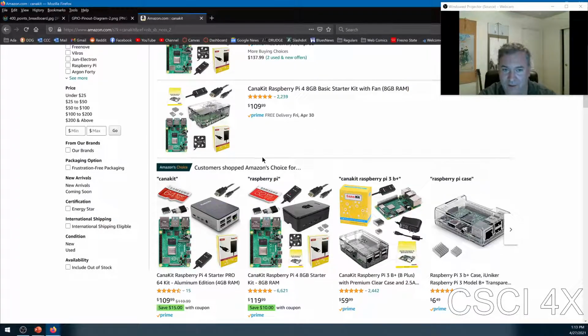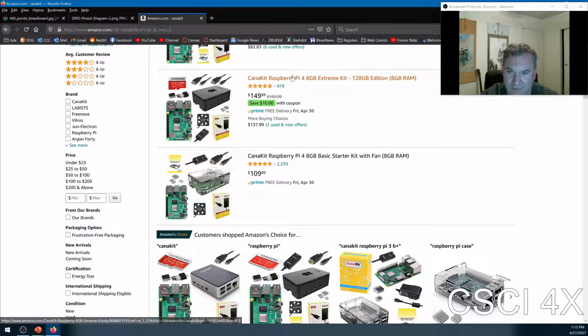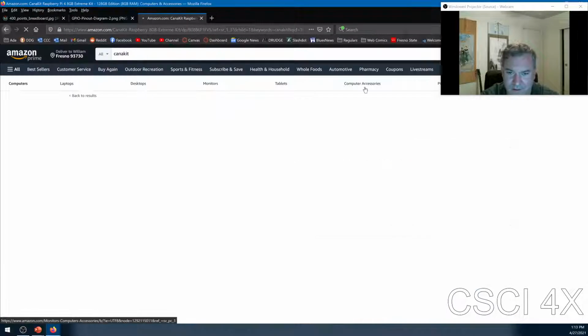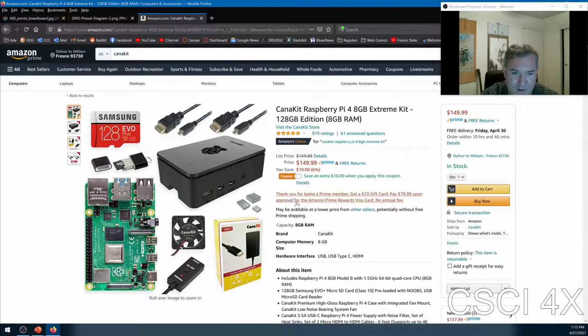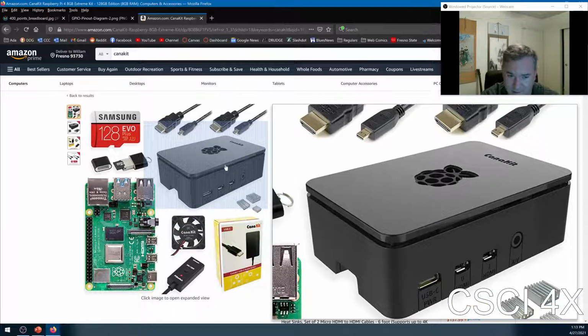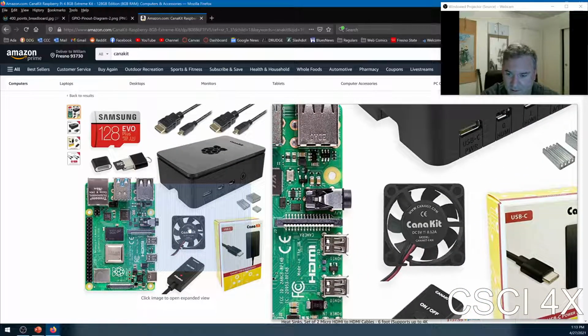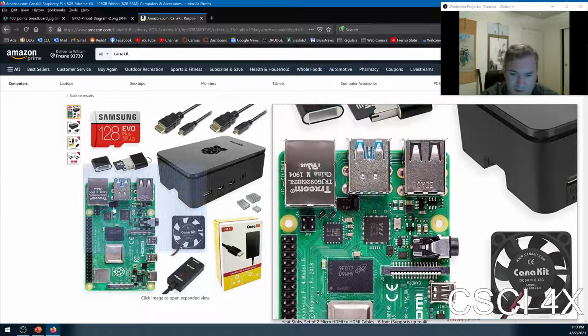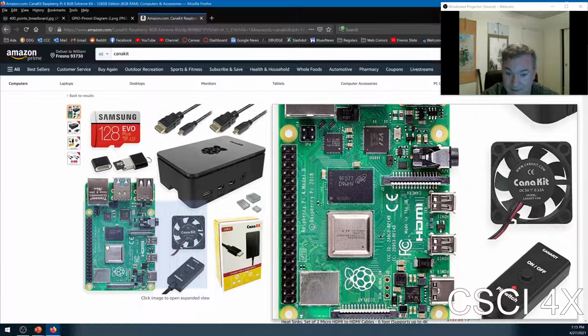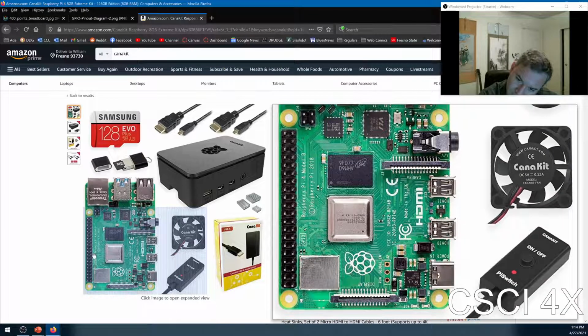But CanaKit makes a kind of an all-in-one package. Like if you want to go hardcore, like 128 gigs is usually way more than you need. And so it comes with a Pi, it comes with a case, it comes with a fan for the heatsink, power supply, switch, Raspberry Pi 4 with the 8 gig model.